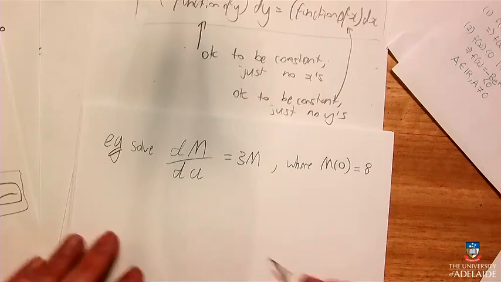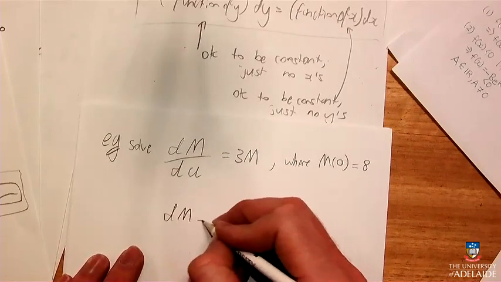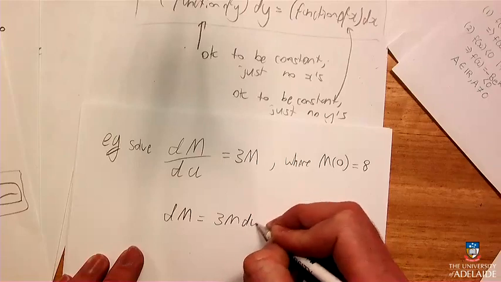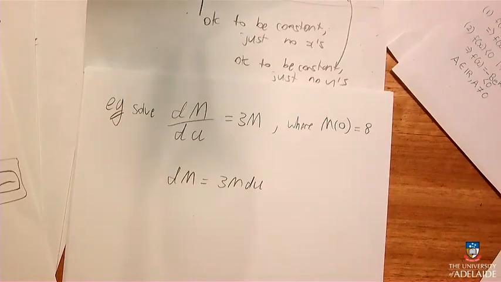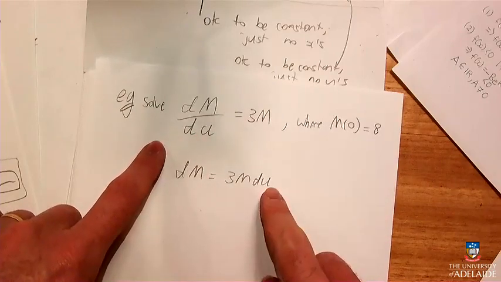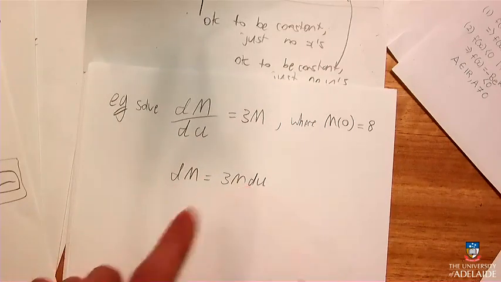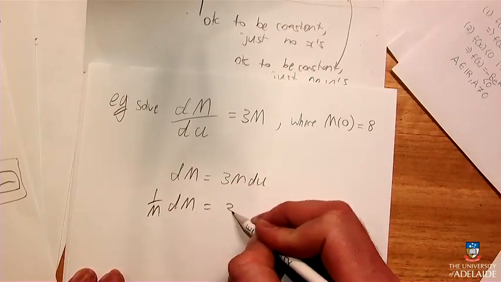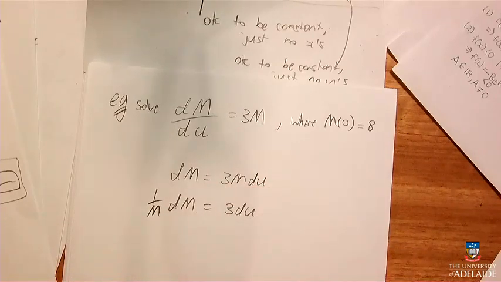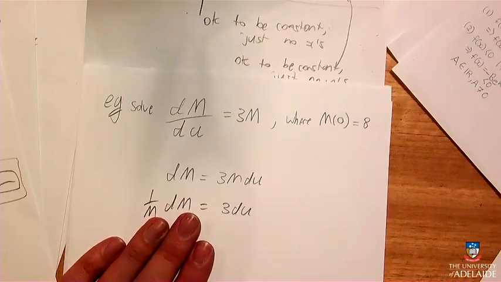So I can do this. Most people, when they're learning this, need to do this in 2 steps. So I'll just move the du, and then I don't want this m with the du, so I'll divide by the m. And now what I have is something that has only m's on this side and only u's on this side.